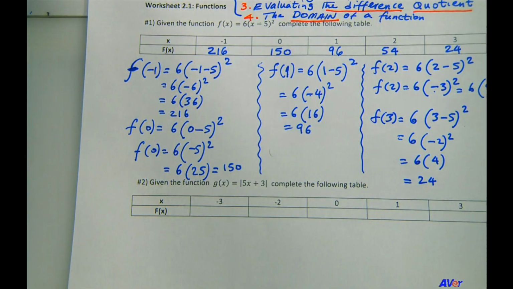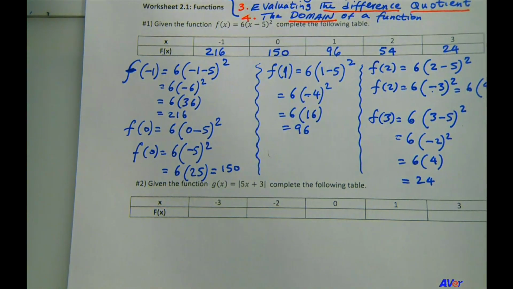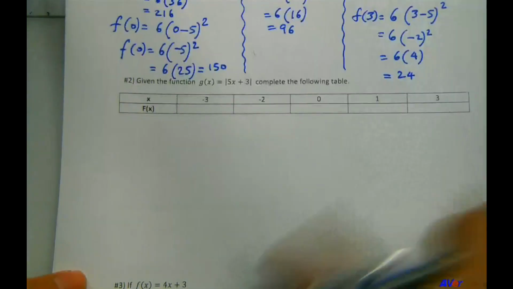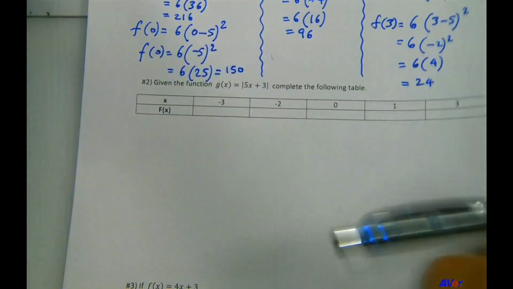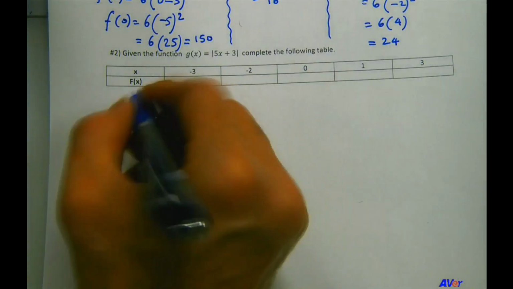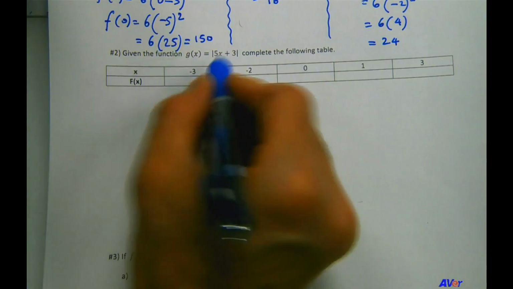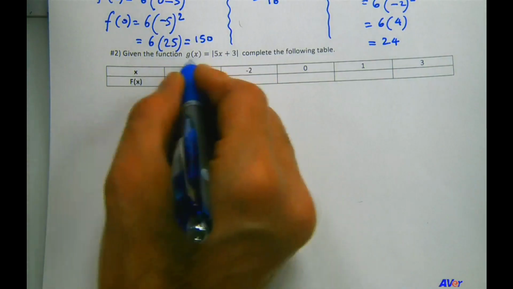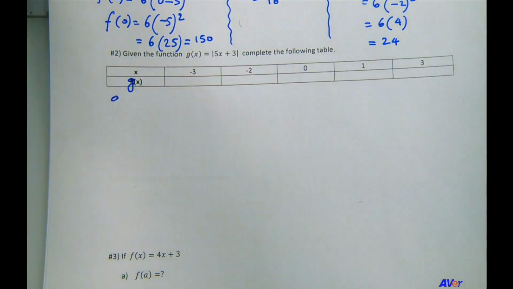Okay. All right. So let's do the same thing here for this function, which is an absolute value function. We're going to plug in negative 3 for x. So this is called g of x, and this should have been g of x, not f of x.